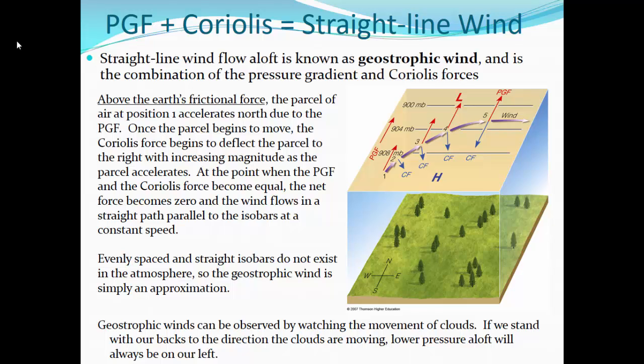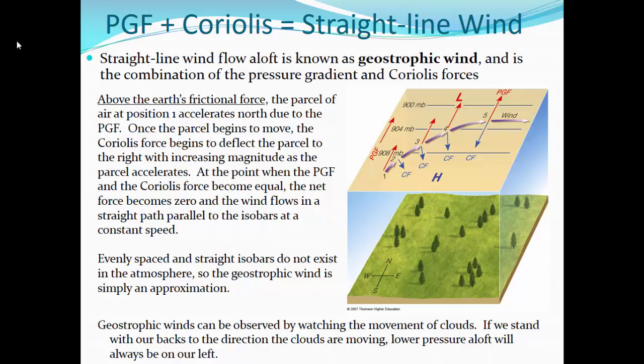The Coriolis force, once the parcel begins to move, begins to deflect the parcel to the right with increasing magnitude, increasing strength as that parcel accelerates. So at the point when the pressure gradient force and the Coriolis force become equal, the net forces between them become zero, and the wind flows in a straight path parallel to the isobars at a constant speed.